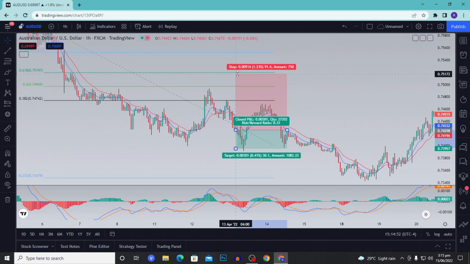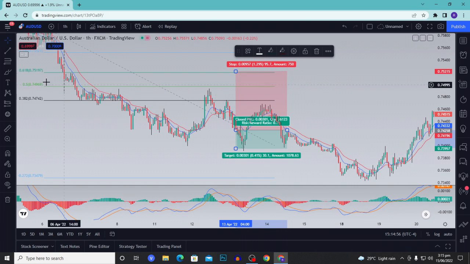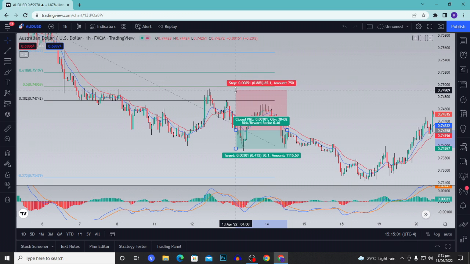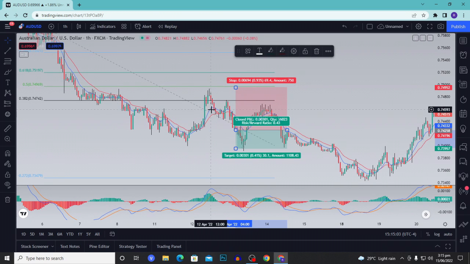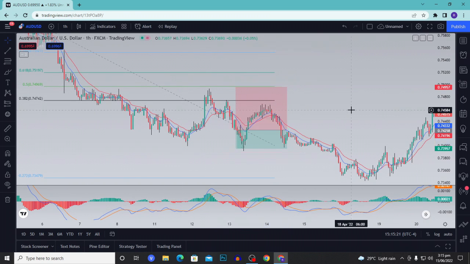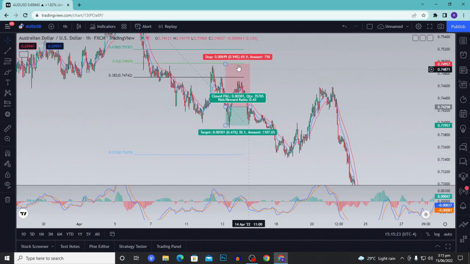We can put it a little bit above the 0.618 to be completely safe, or we could have put it above the previous high right here, which is also above the 0.382 point on the Fibonacci. So that will be our stop loss.